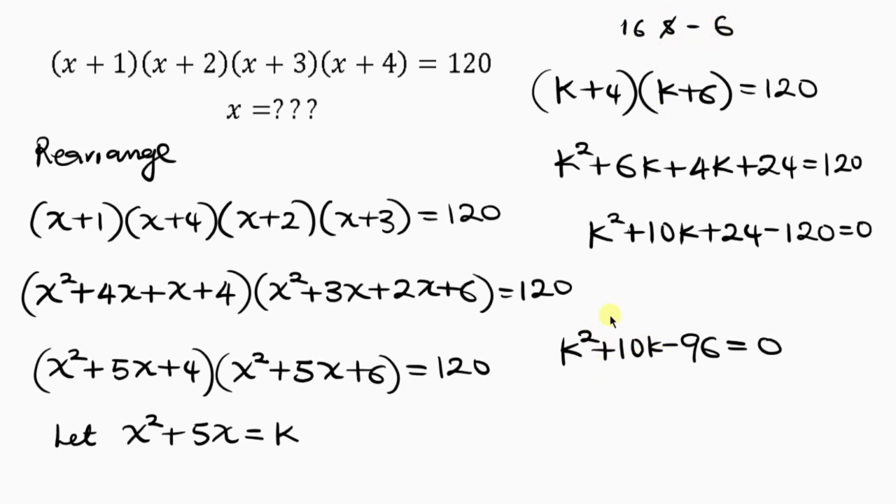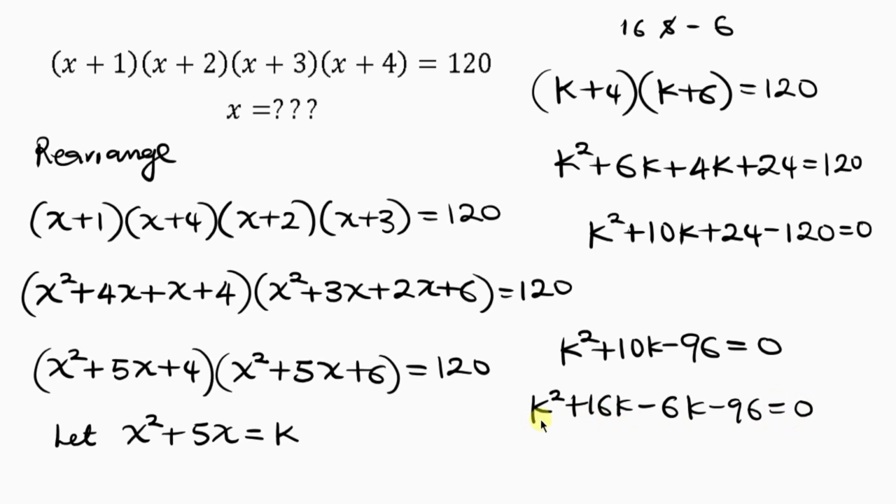So on factorizing, I'll have k squared, now plus 16k, now minus 6k, and then minus 96 equal to 0.